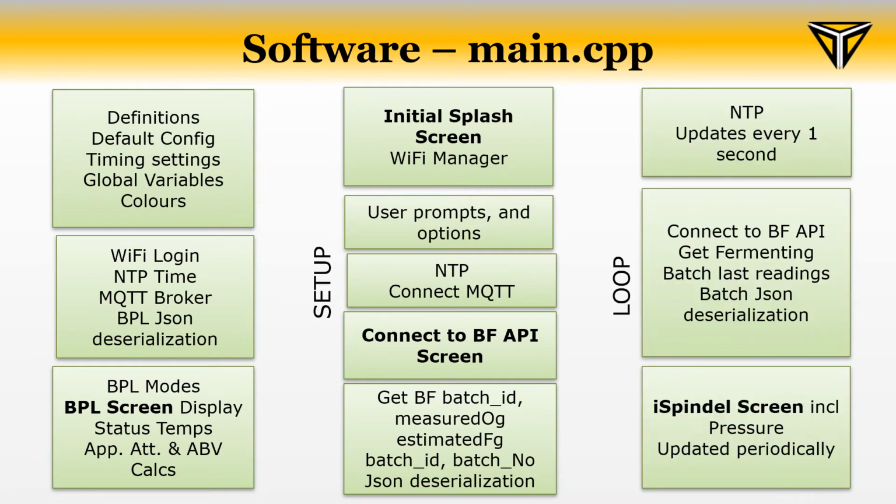There's a limit of 150 requests per hour on the Brewfather API, and the iSpindel is set to report every 15 minutes. So I chose a 3-minute Brewfather setting, and for BrewPiLess I chose between 75 and 115 seconds to give a decent rotation on the screen.